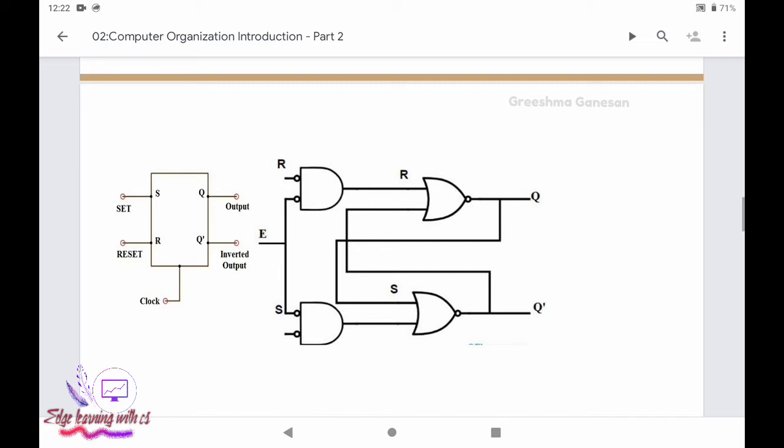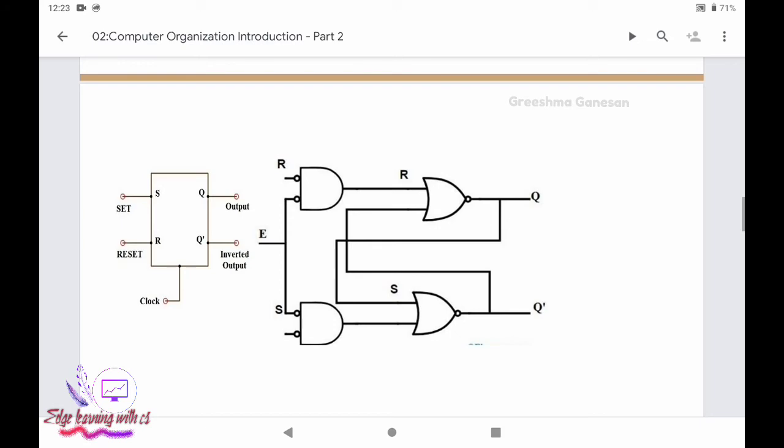What are the outputs available in this rectangle symbol? You can see Q is there and also Q complement, or Q naught. Q naught means that if you get the output 0 in Q, the opposite of that value will be Q complement. What is the opposite of 0 in binary?